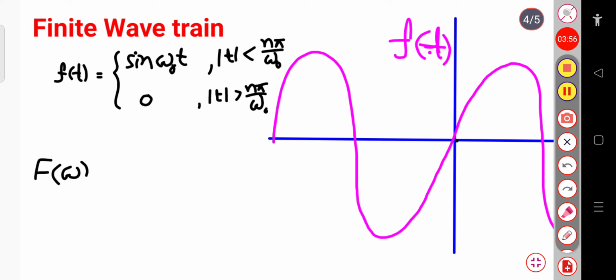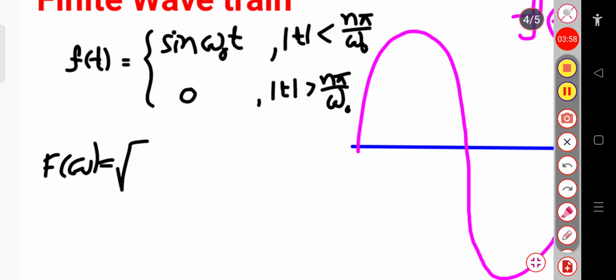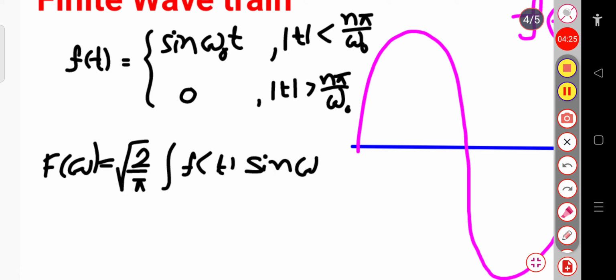This will be equal to root over 2 by pi, integration of f of t sine omega t dt. Let me write the formula first. Here f of t is our sine omega naught t. This is the Fourier sine transform representation.